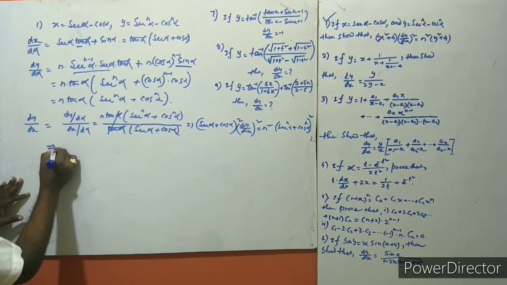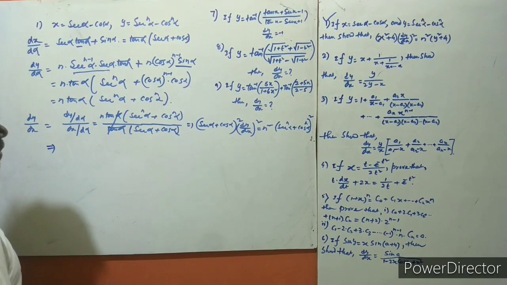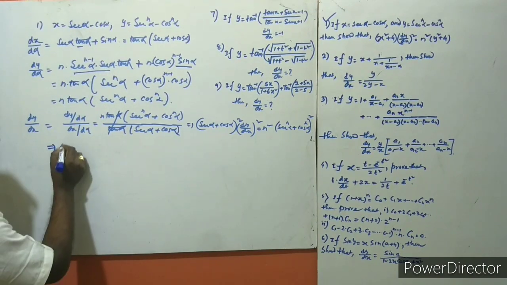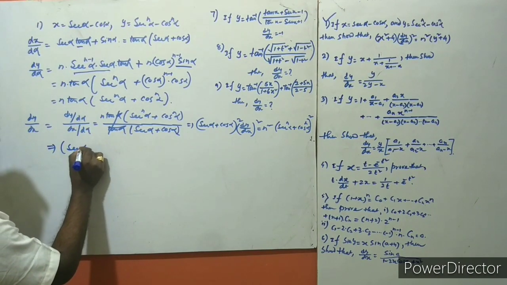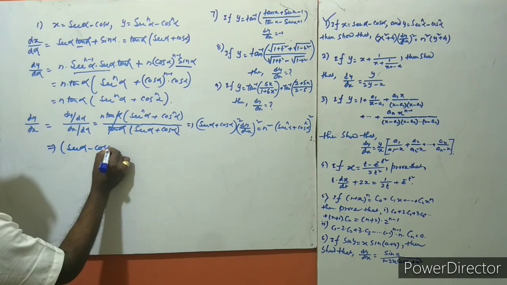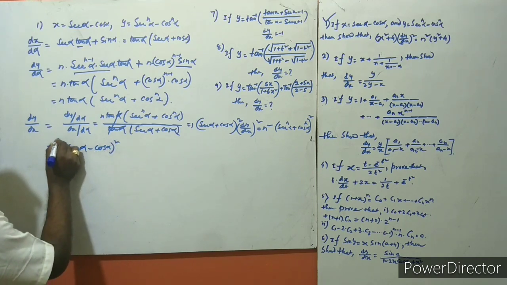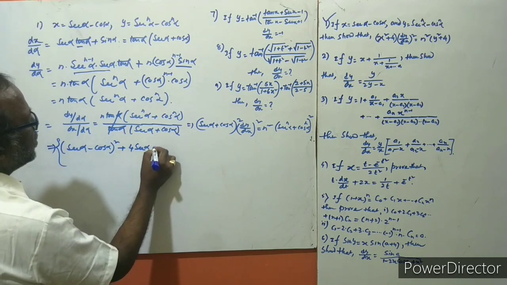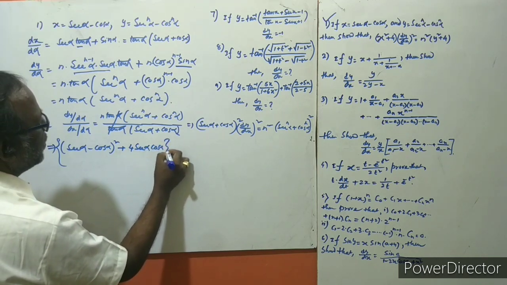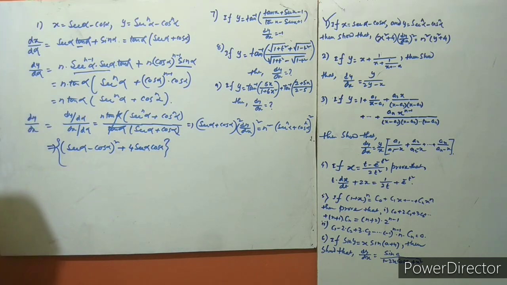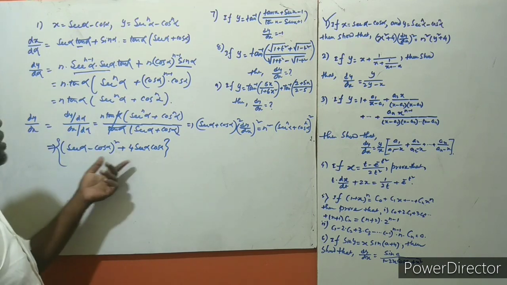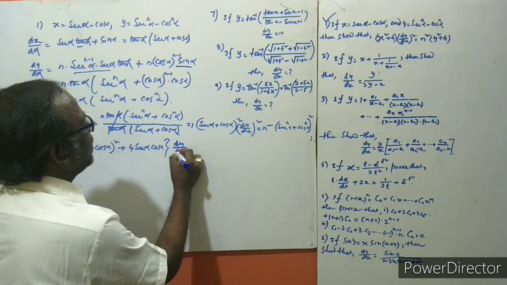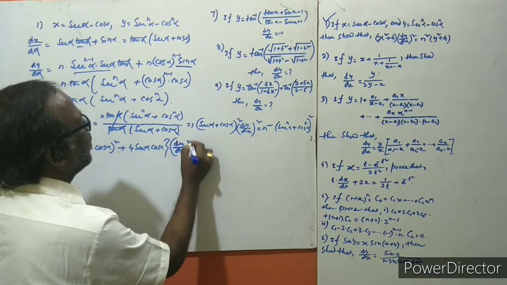That can be written as sec alpha minus cos alpha whole square plus 4 sec alpha cos alpha. See, a plus b whole square is a minus b whole square plus 4ab. This is here dy dx whole square.